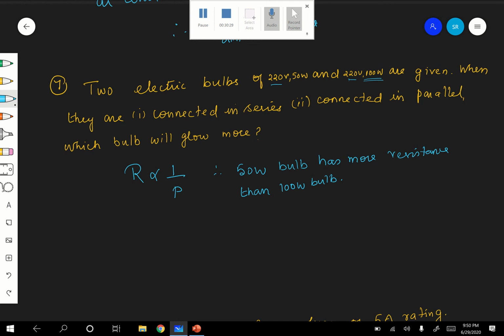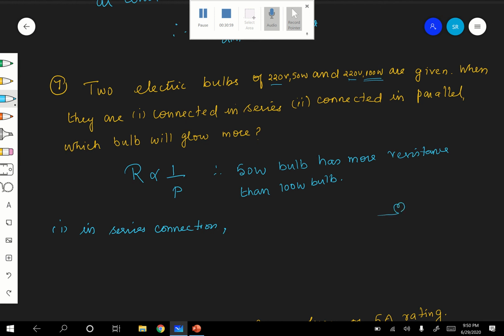First one, when they are connected in series. In series connection, both the bulbs are connected in series, so the current is the same. Correct? Therefore, the current through each bulb is the same. Hope you are following.